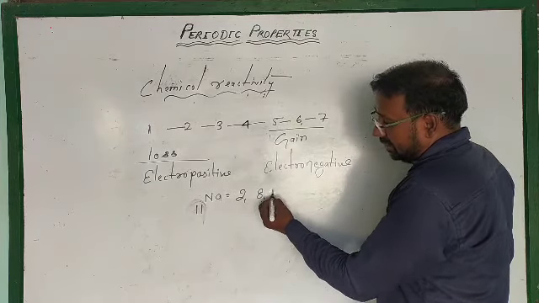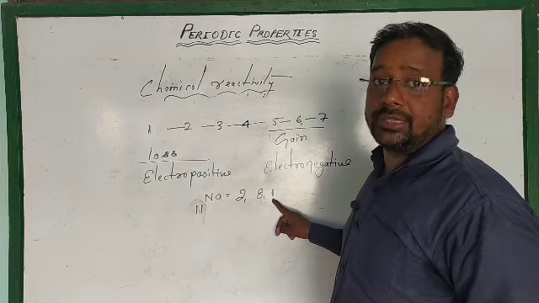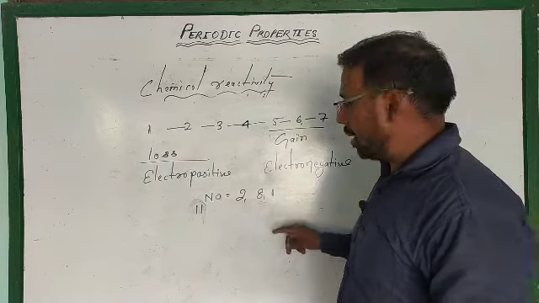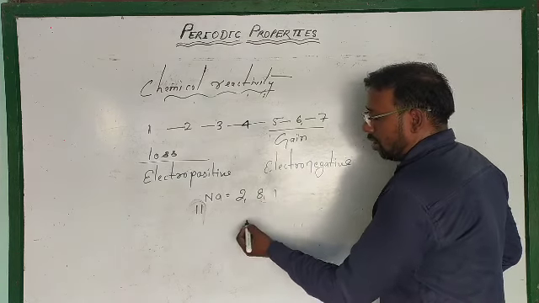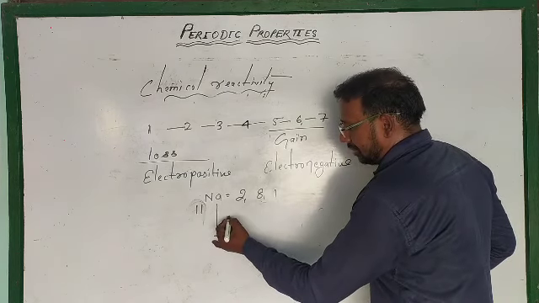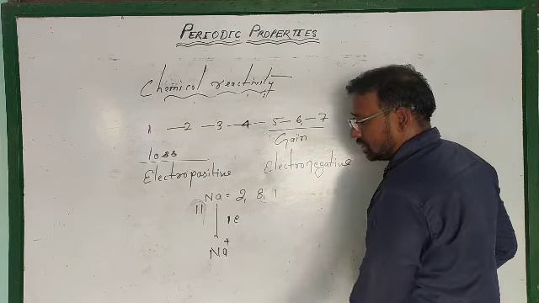If it gained 7 electrons, its octet would be completed, but it is very easy to lose 1 electron. Therefore sodium always loses 1 electron, and therefore sodium carries a +1 charge.